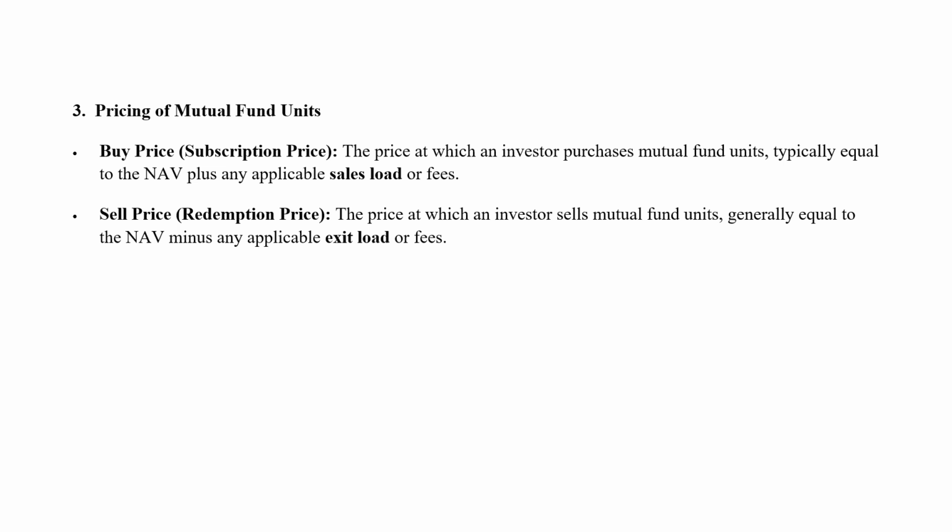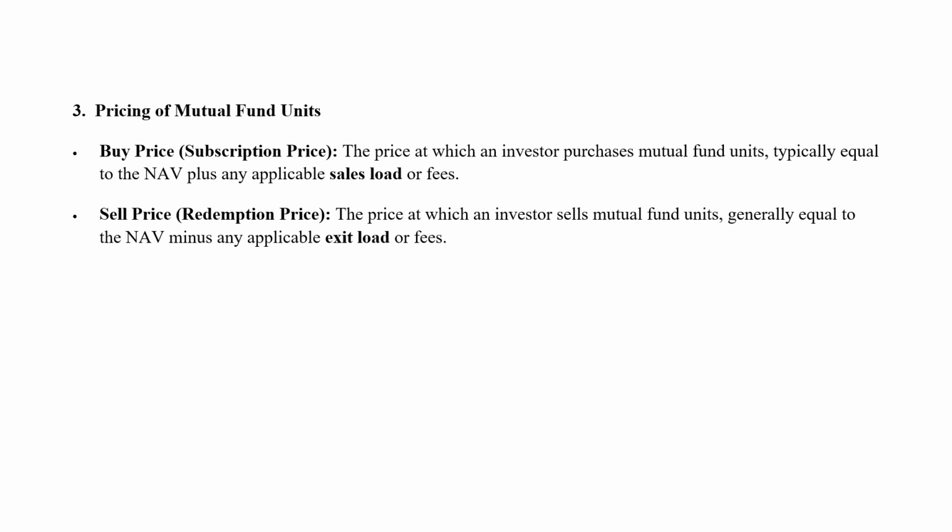Here you are seeing the buy price, which is called the subscription price, the price at which the investor purchases mutual fund units, typically equal to NAV plus any applicable sales loads or fees. So the buying price is the subscription price, which includes the calculation of NAV plus any applicable sales load or fee structure.